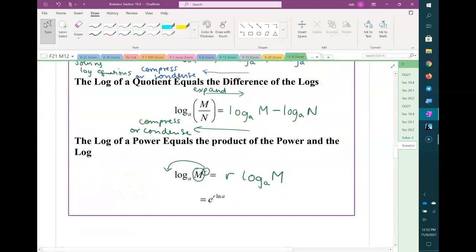And then r ln A can be written as ln of A to the r, because then we would have e to the ln of A to the r, and the e and the ln will cancel.